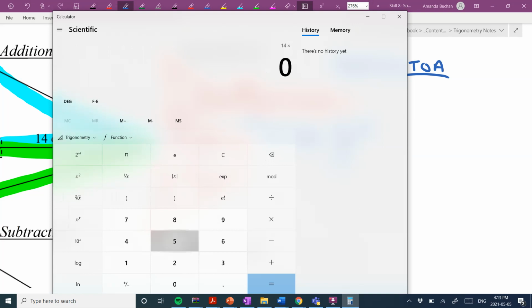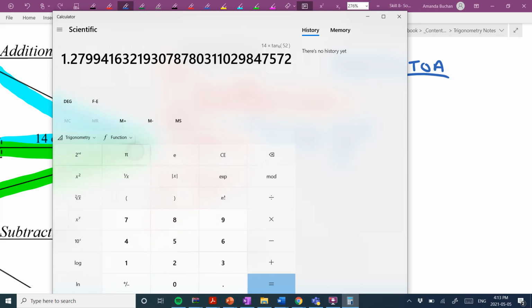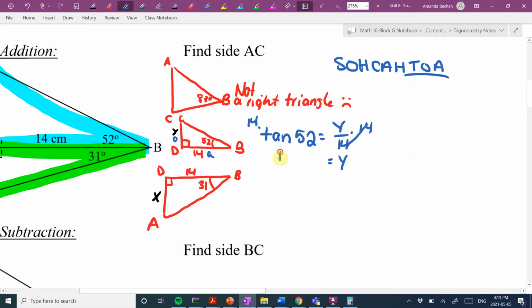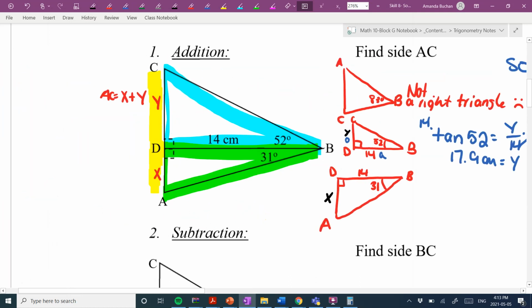Oh, this is a backwards calculator. And that gave me 17.9. So now I can write that in as side y. So when I solved side y, I got 17.9 centimeters.